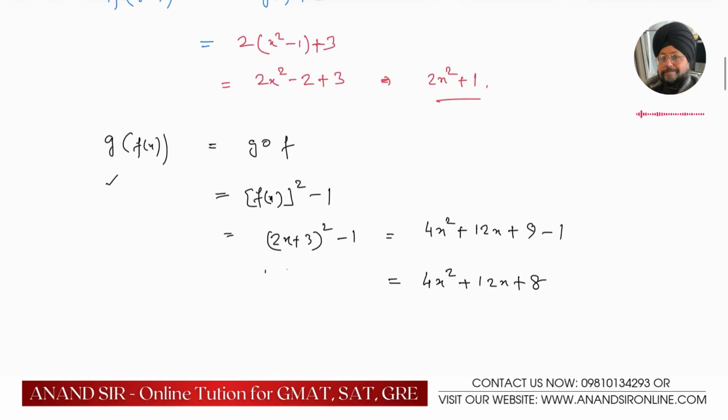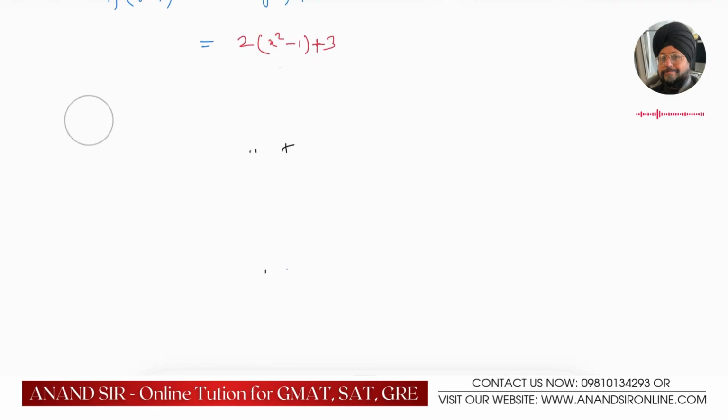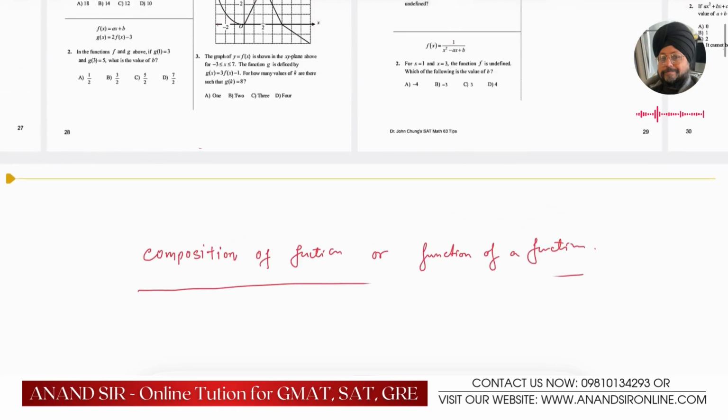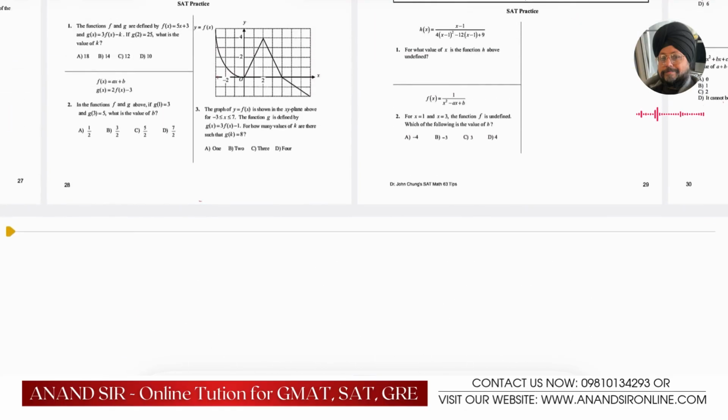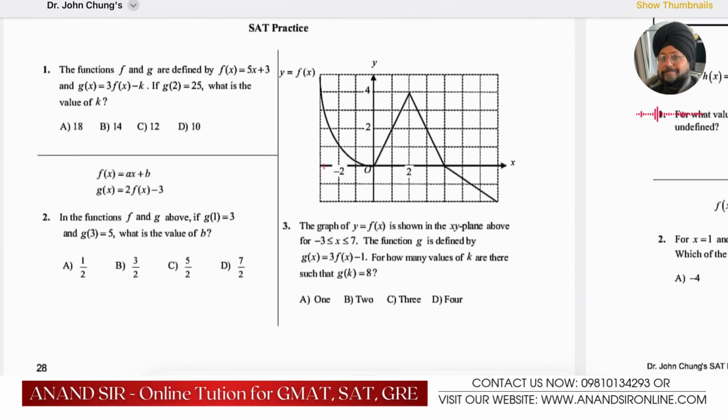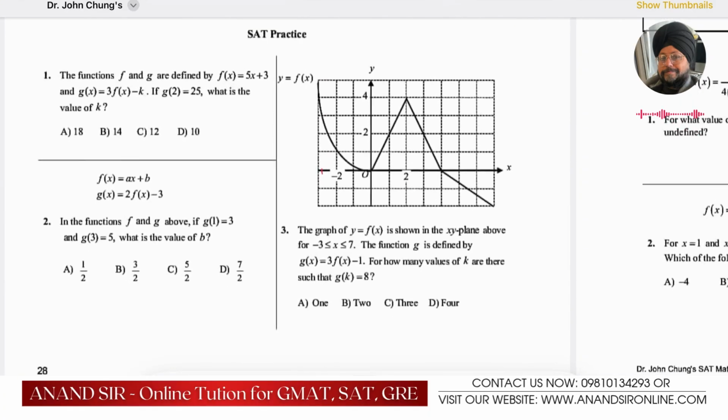Now we will be doing a few questions on it. The first question is, the functions f and g are defined by f(x) = 5x + 3 and g(x) = 3 times f(x) minus k.